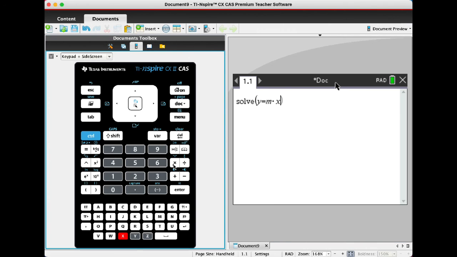If we did not do that, your calculator would read mx as one thing, as though it was one letter. And we put in our plus c. We are told to get an expression for m, so we want m by itself, so comma m, press enter, and there is your answer.